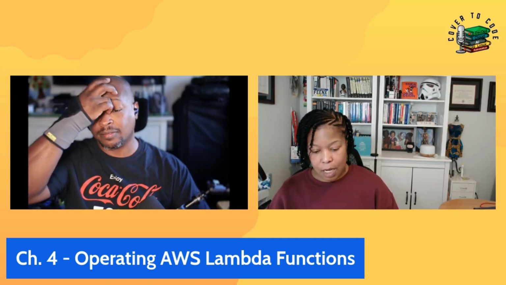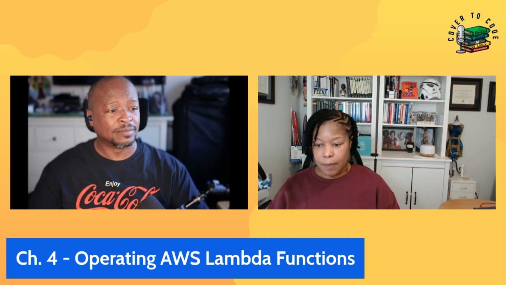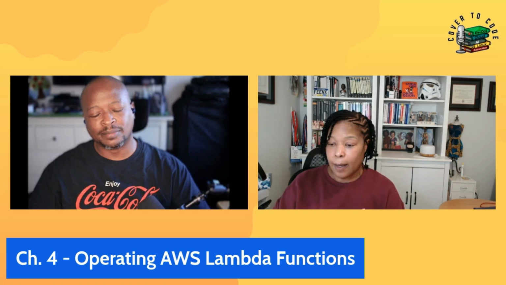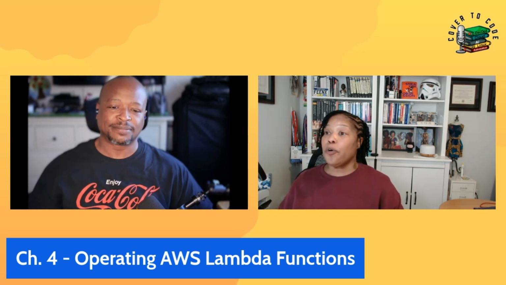But anyway, operating AWS Lambda functions, that is chapter 4. And this chapter digs into a more advanced way of building and packaging Java functions in a way that they can be deployed via Lambda. A lot of details on using the SAM tool, which we used in the previous chapter to package, and how Lambda functions and serverless apps really work to enforce the principle of least privilege, which is what we should all be doing.